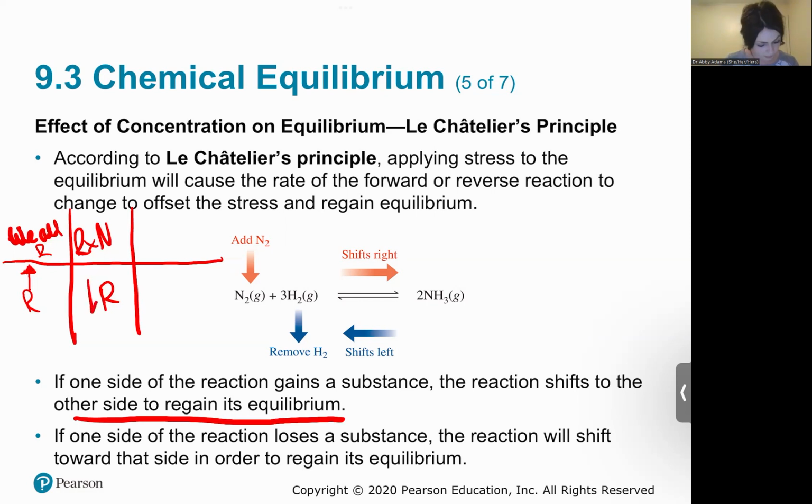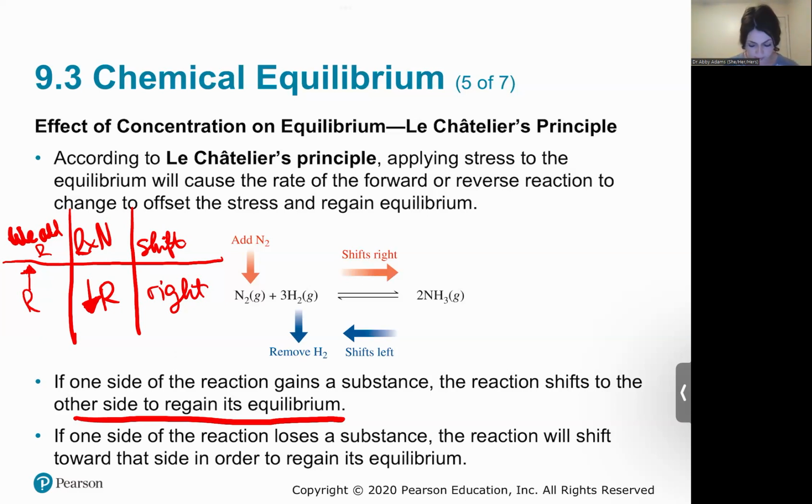So it's going to want to decrease the amount of reactants. So if we want to decrease the amount of reactants, we're going to want to increase the amount of product. So the reaction is going to shift to the right. Okay, so you can sort of set up these little tables to help you understand which way that equilibrium reaction is going to shift to maintain equilibrium. Okay, so that's one example.